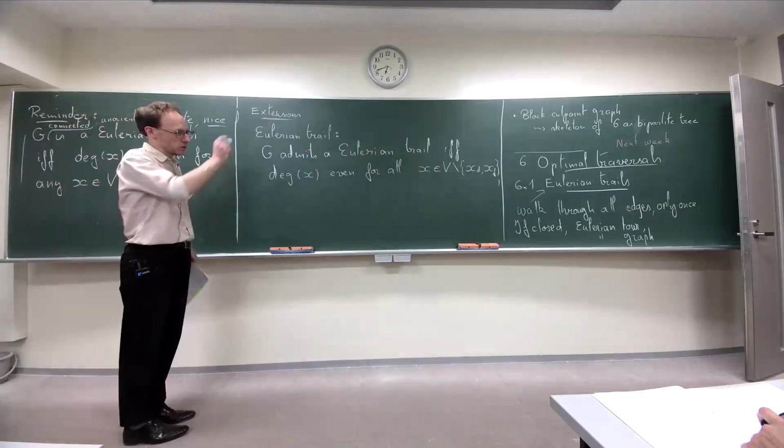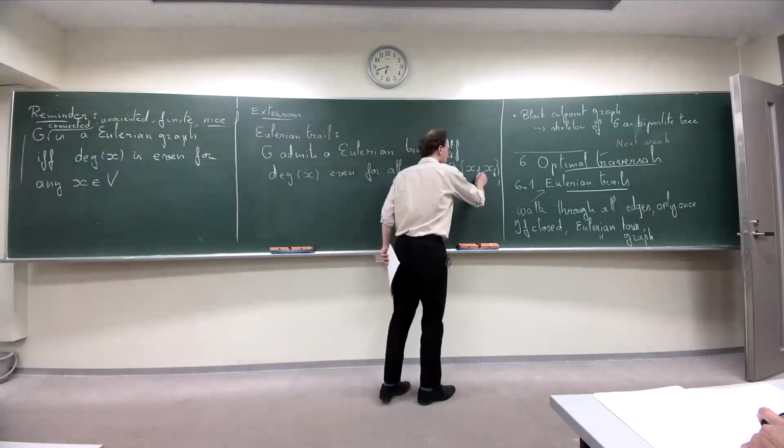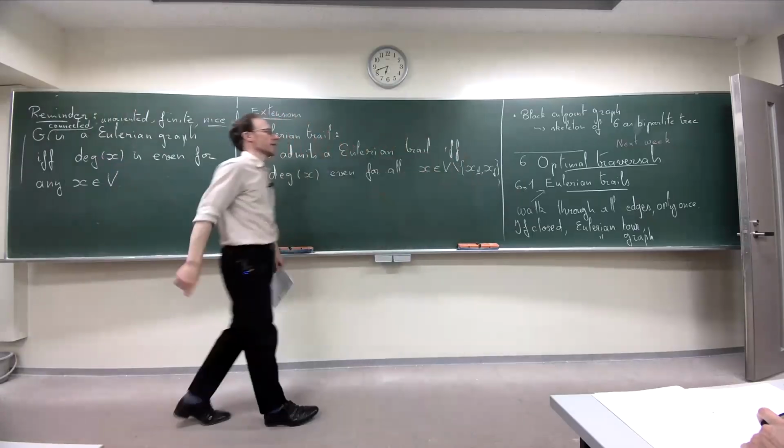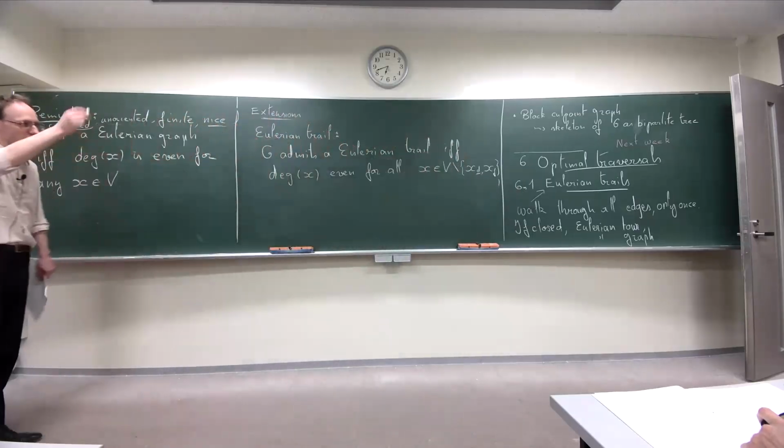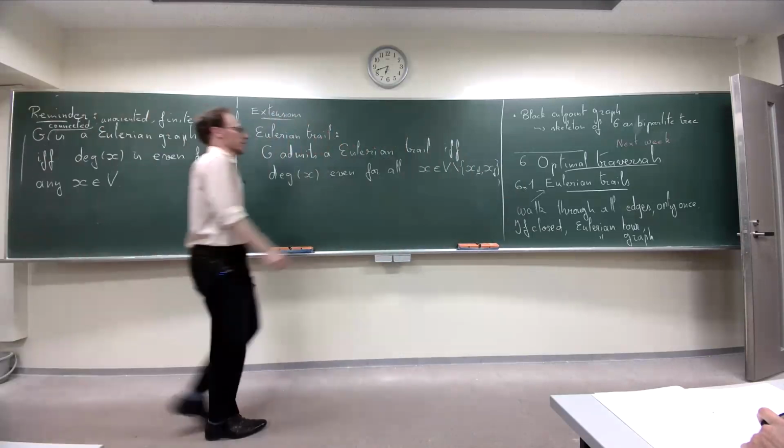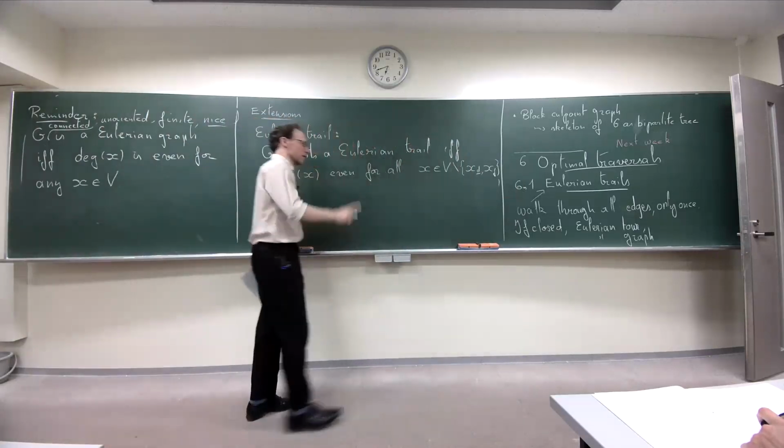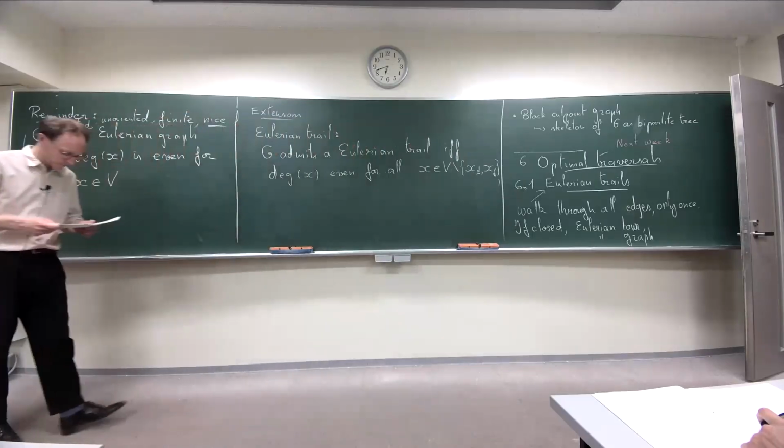And you choose one of them as the starting point and the other one for the ending point, and you can realize a trail. This is again not difficult. It's slightly more difficult than the other one.